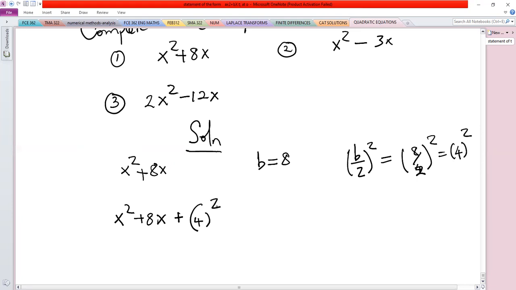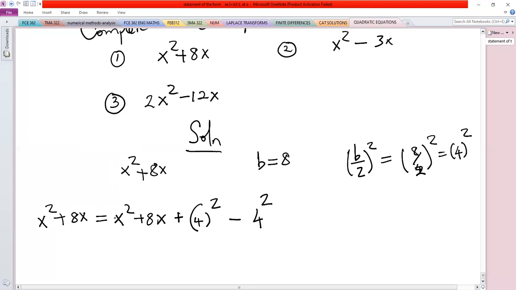squared. But because I only have x squared plus 8x, I have to subtract the same value again, so that I don't interfere with the original expression, x squared plus 8x.